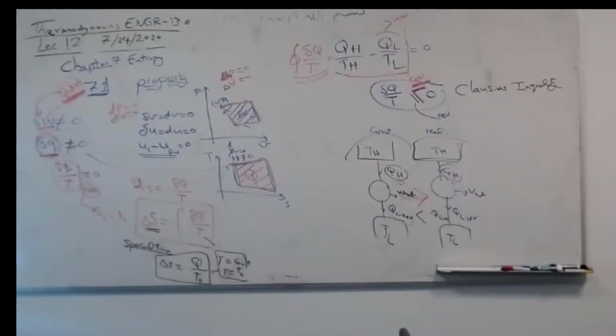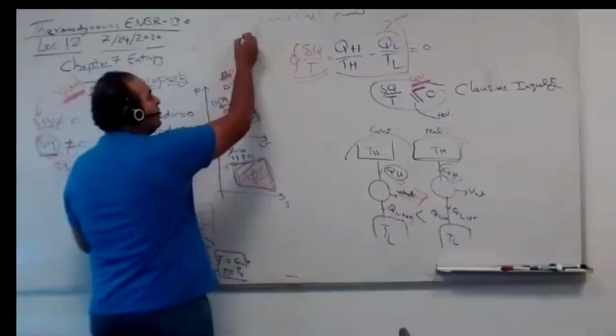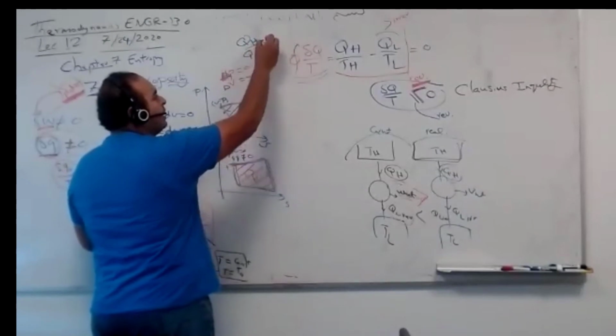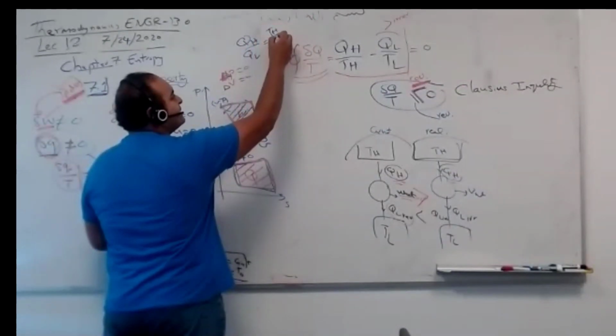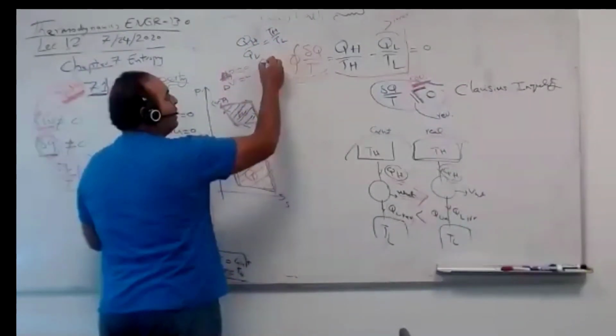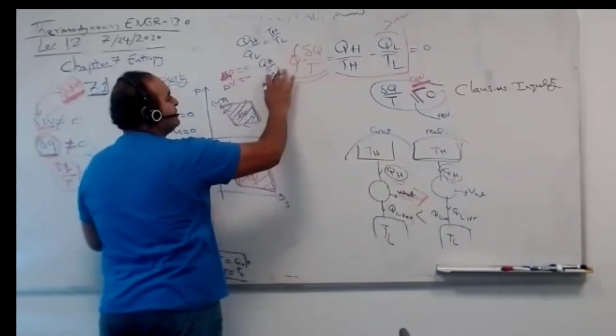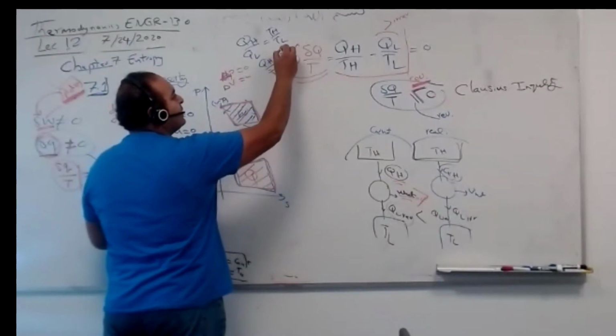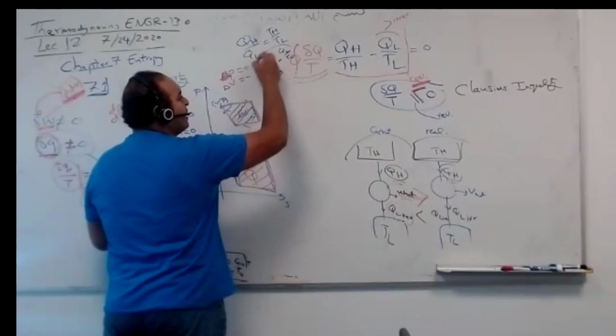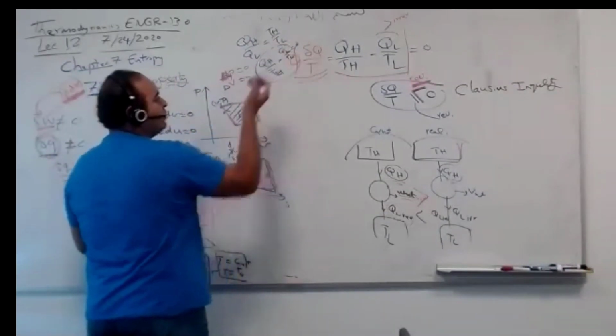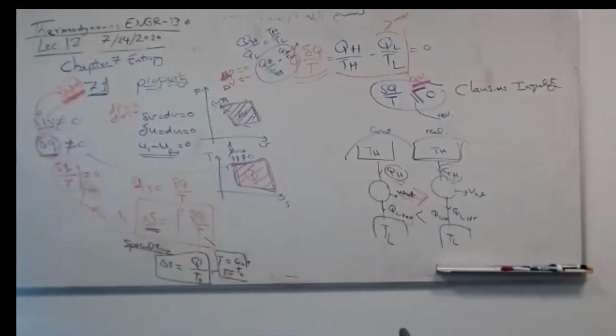We know 100% Q high over Q low equals T high over T low. So Q high over T high equals Q low over T low. This, guys, means the difference is 0. So if you have something like this, what's the difference between delta and d mathematically, guys?